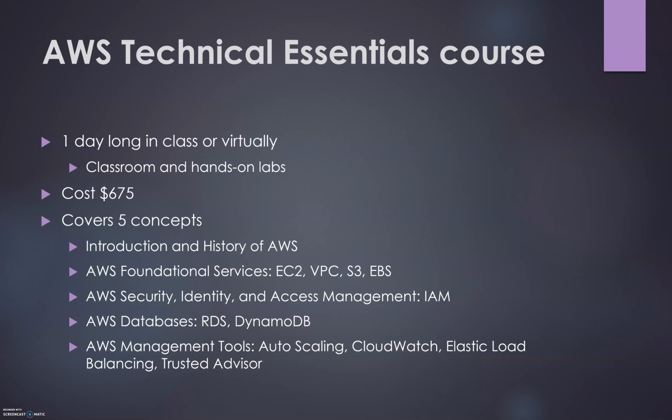It will cover AWS Security, Identity, and Access Management, which is IAM. It covers AWS databases, RDS, DynamoDB, and AWS management tools: auto scaling, CloudWatch, Elastic Load Balancing, and then Trusted Advisor, which is your billing piece of it.